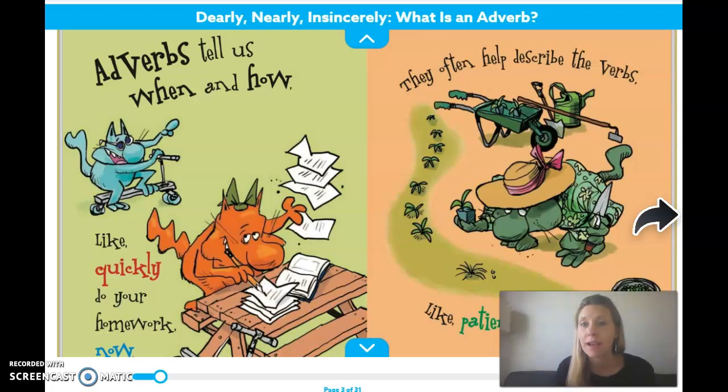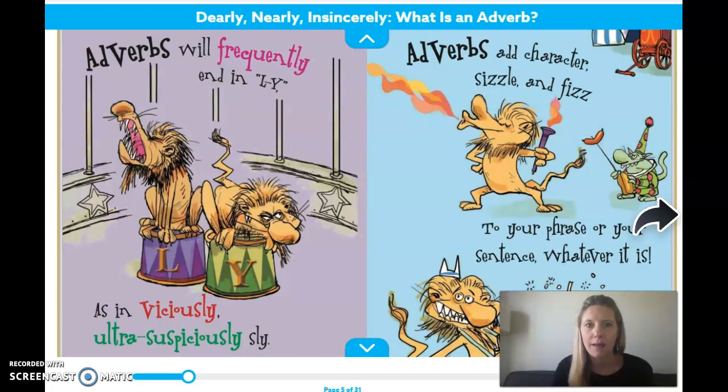They often help describe the verbs, like patiently plant peas and herbs. Adverbs will frequently end in ly, as in viciously, ultra, suspiciously, sly. Adverbs add character, sizzle, and fizz to your phrase or your sentence, whatever it is.